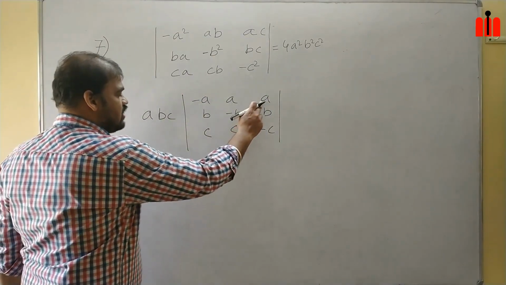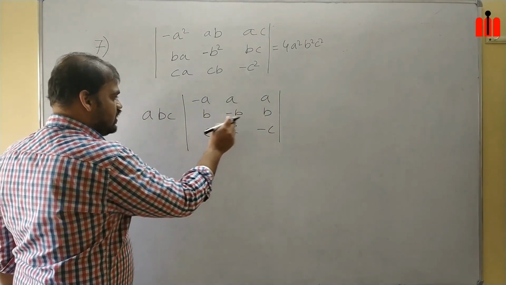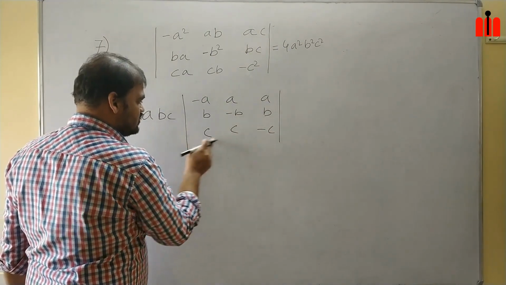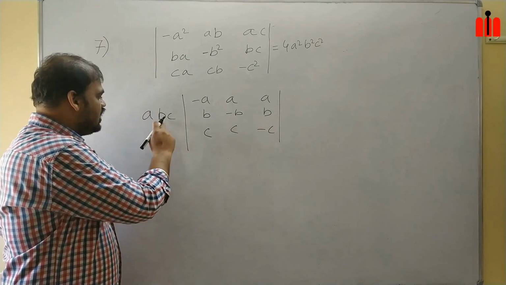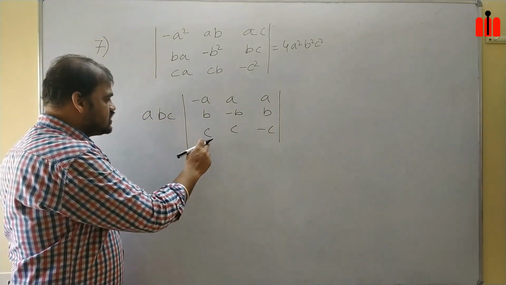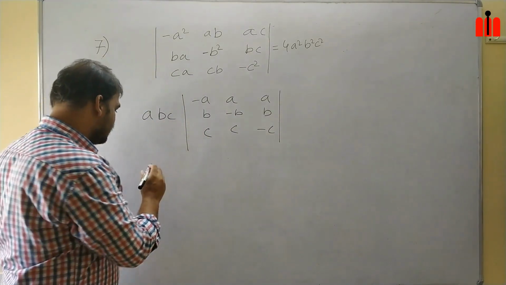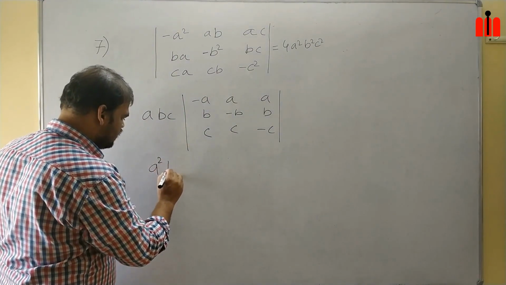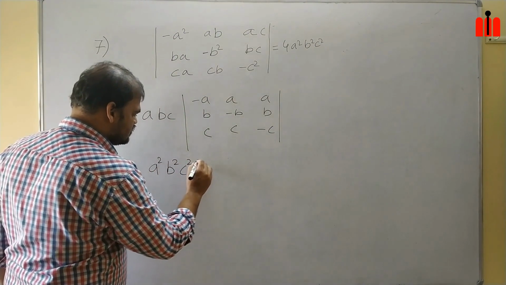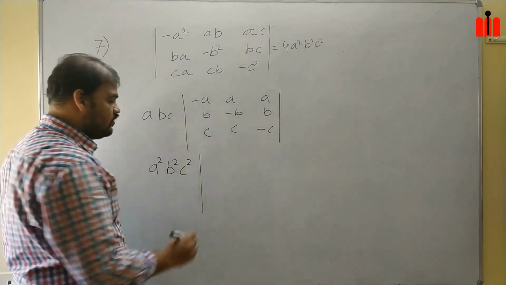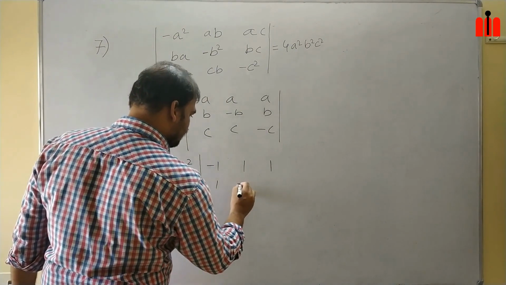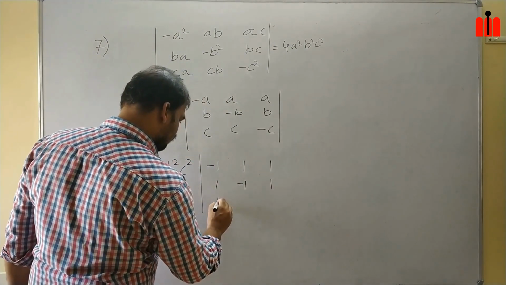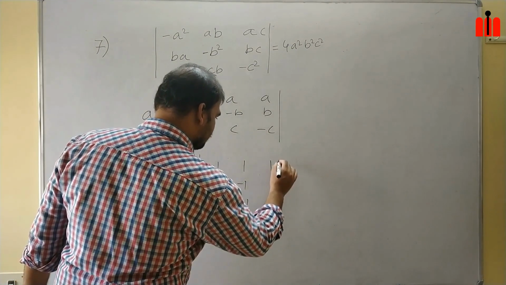So again a will come here, it will become a square. B will come from R2, it will become b square. C will come from R3, it will become c square. So it is a square, b square, c square. And inside we will have minus 1, 1, 1, 1, minus 1, 1, 1, 1, minus 1.